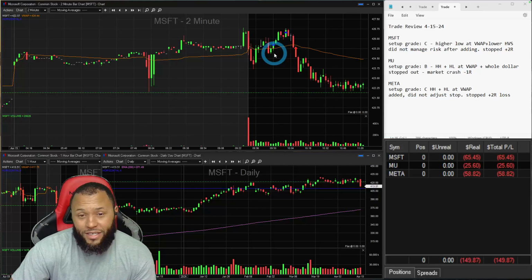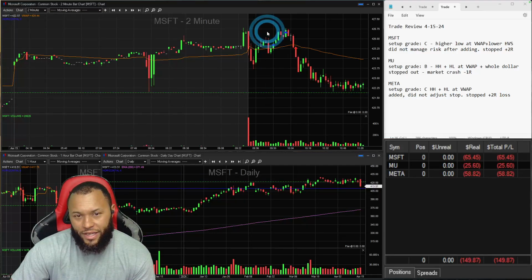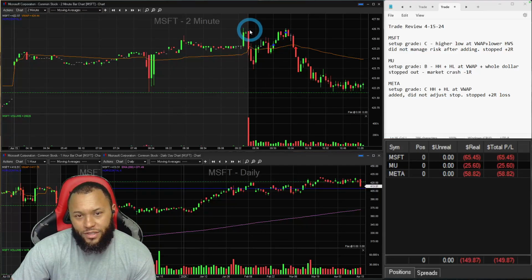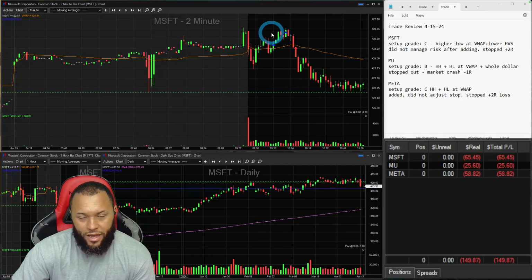For Meta, I would grade this a C setup. The reason it's a C setup is because it's below this opening range, but it's above the lower side of the range. It tested that, and normally when the first bar is red, I feel like the main support is at the bottom of the bar instead of the top.